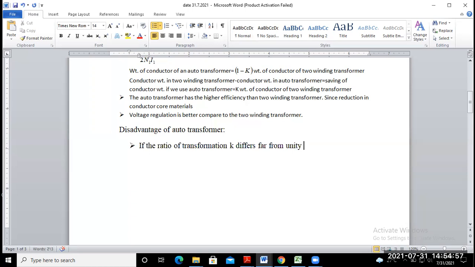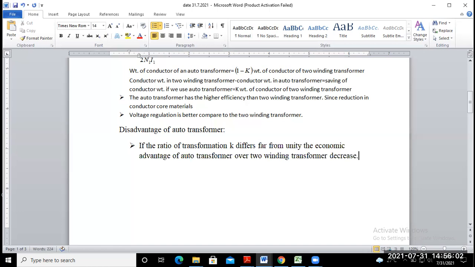That means we try to maintain K near unity. This is your first one.